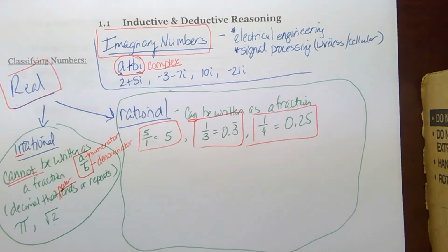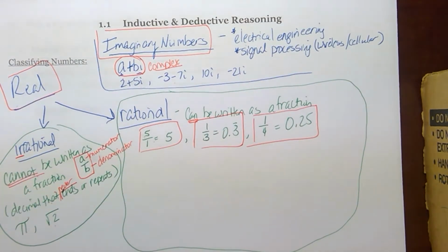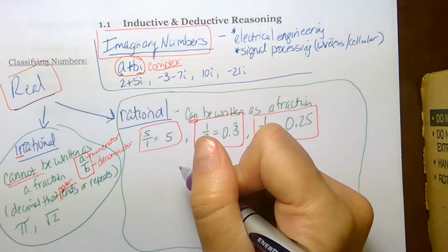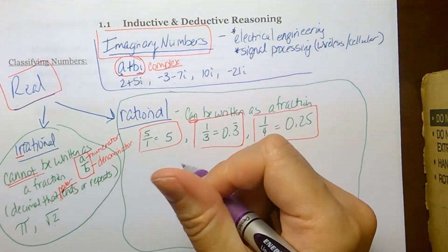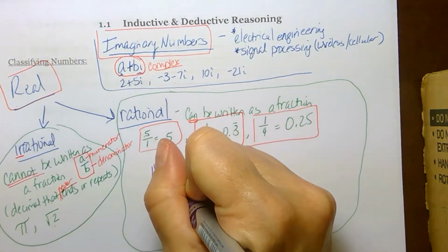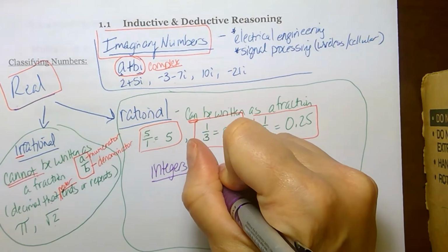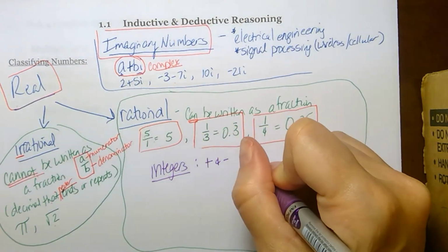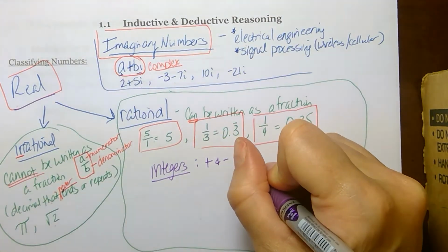Now, what if it isn't something that would turn into a decimal other than 0? Well, if it could be written as a fraction, but simplifies to a decimal of something point 0, then it is either an integer, or more specifically a whole number, or more specifically, a natural number. Now, integers are what we call our positive and negative whole numbers.